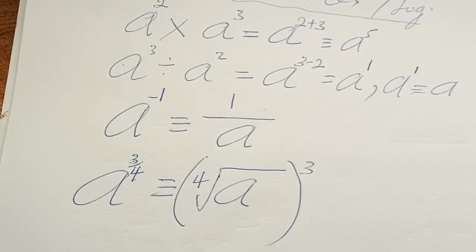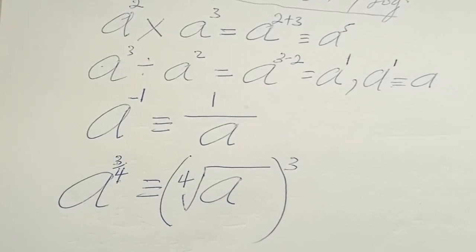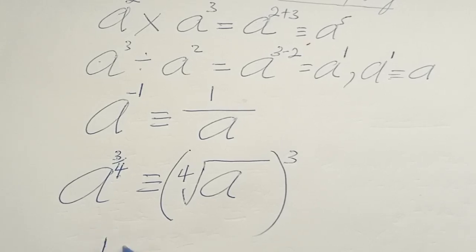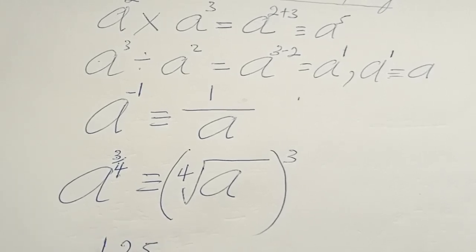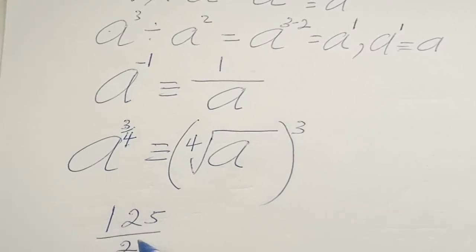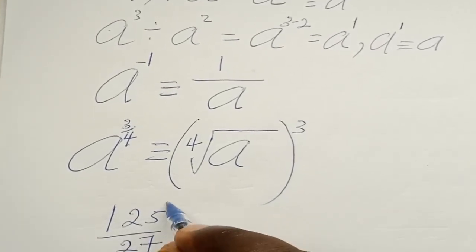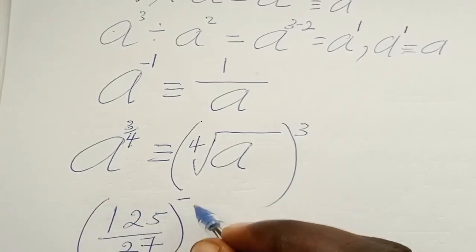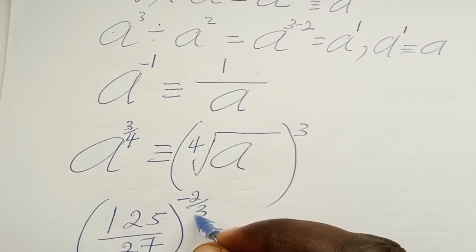Let's give an example here. Let's assume the case 125 divided by 27 as an example, where the power here is negative, like minus 2 over 3.